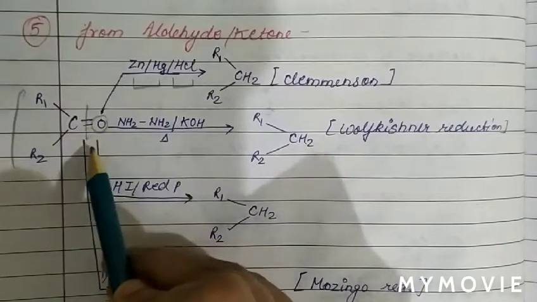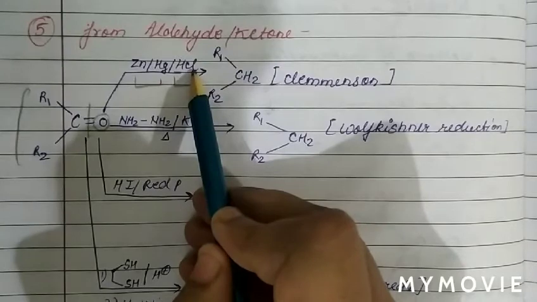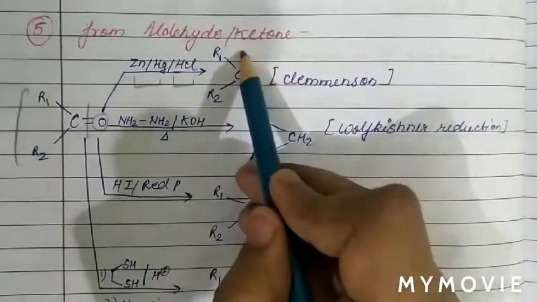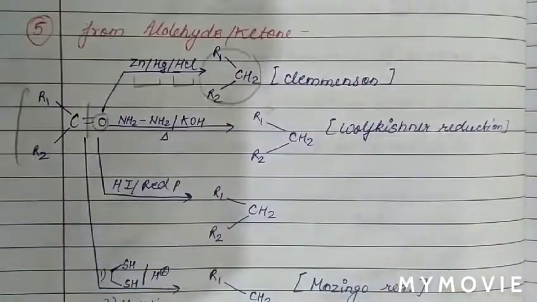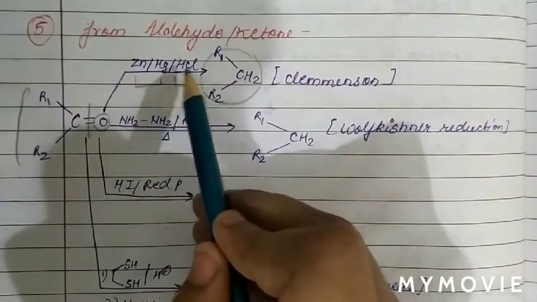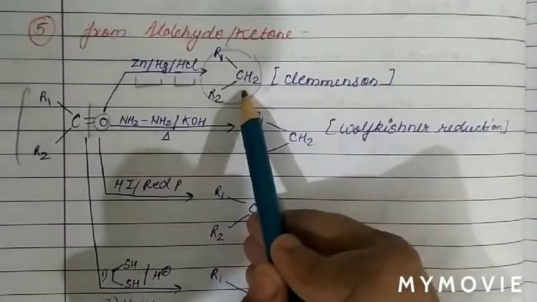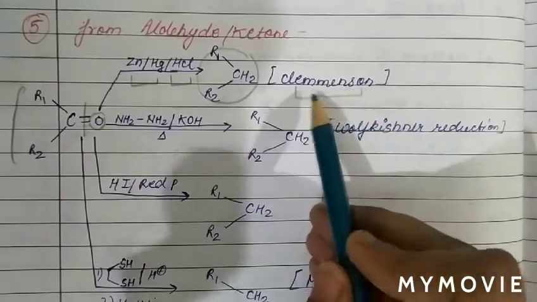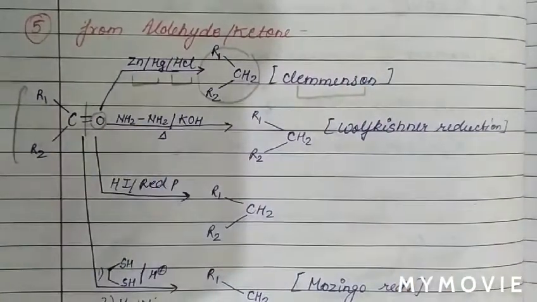So we can say when zinc mercury amalgam along with concentrated HCl is used, then the aldehyde and ketone is changed into alkane. So removal of oxygen and addition of hydrogen. This reaction we call Clemmensen reduction reaction.